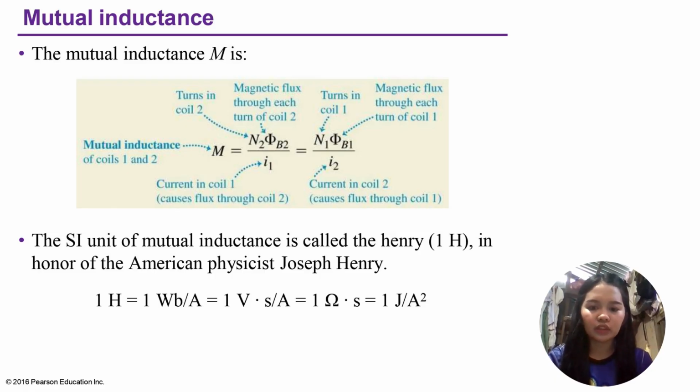The SI unit for mutual inductance is the henry, symbolized by capital H. As shown, 1 henry is equivalent to 1 weber per ampere, or 1 volt second per ampere, and so on. Understanding these units is crucial for practical calculations.